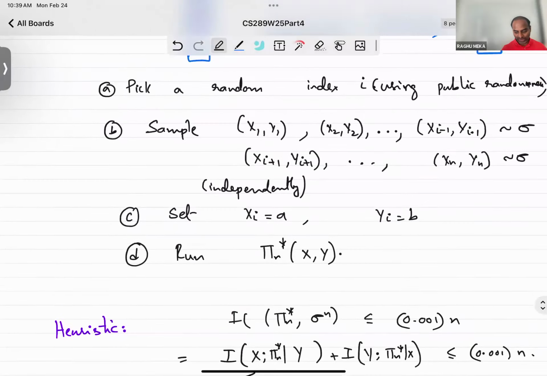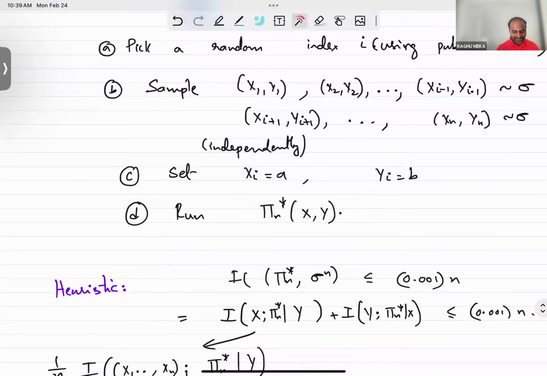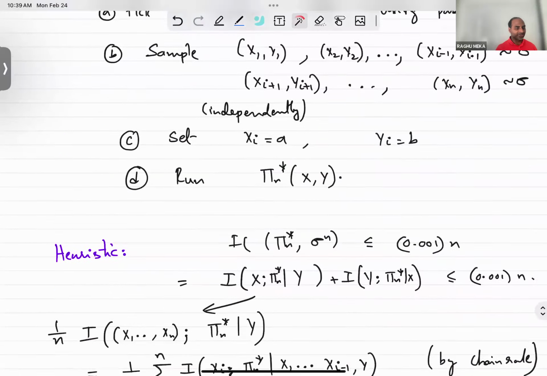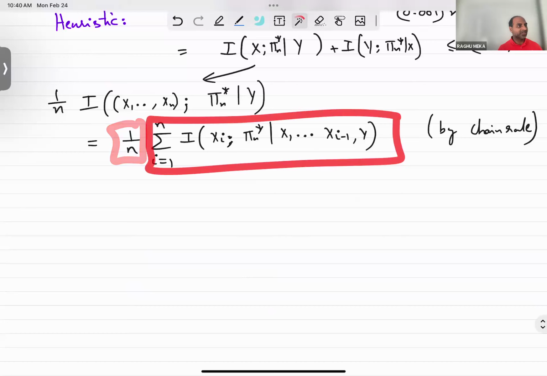Okay, and that's what we are shooting for, right? We want to say that this cost is at most 1 over n. Right? Okay, so it seems to be following along the things that we want, right? So we almost have this 1 over n here, and this is like the expected cost that we would see when you pick a random index I.